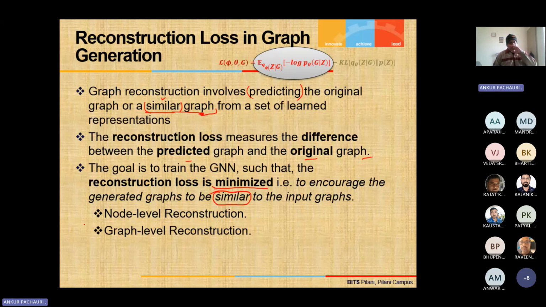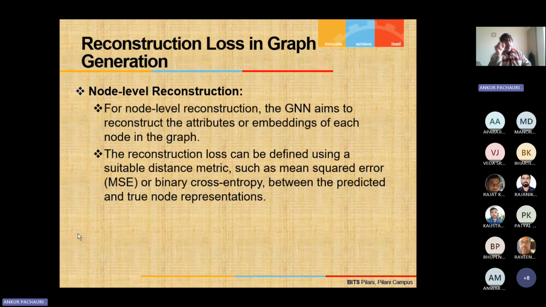That reconstruction can either be node level reconstruction or graph level reconstruction. We'll look at each one of them separately. For node level reconstruction in the reconstruction loss, the GNN aims to reconstruct the attributes or the embeddings of each node in a graph. In the previous session, you had an idea how to identify the embedding of each node of a graph.